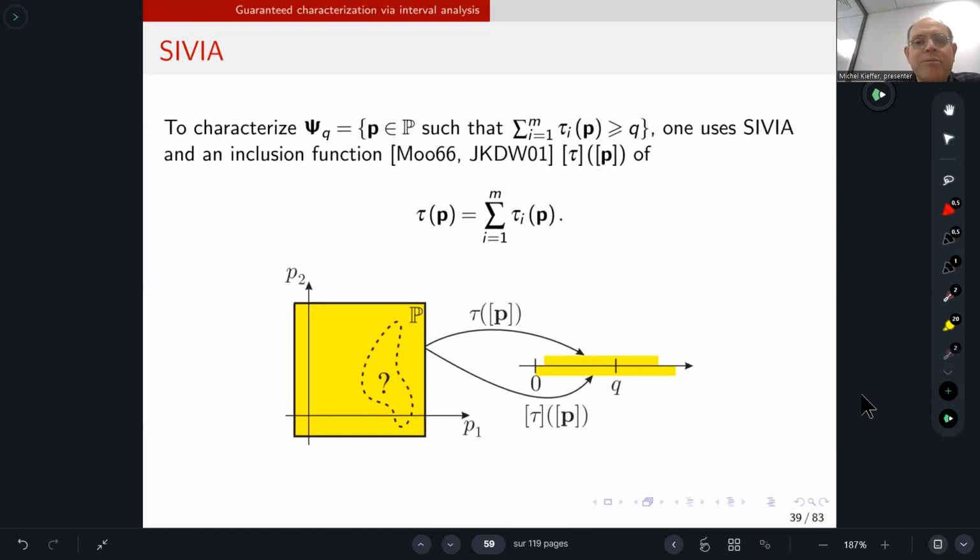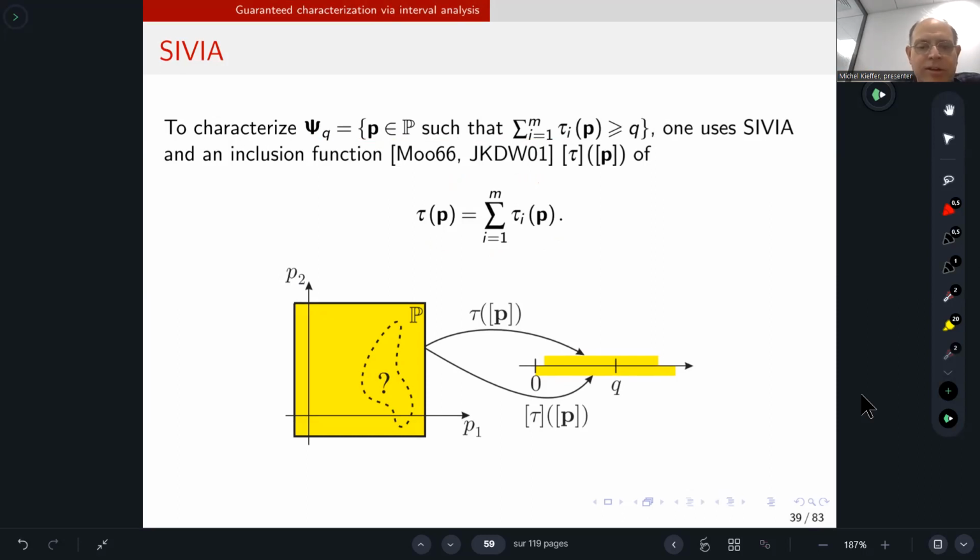So very simply, we can characterize this kind of set by considering an inclusion function tau, which is an inclusion function of this sum, and applying the CVI algorithm. For example, with CVI, you consider an initial search box.